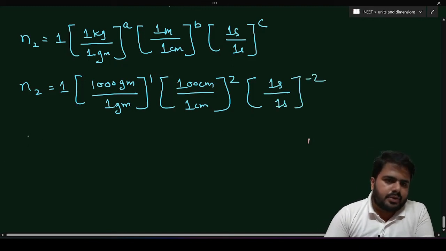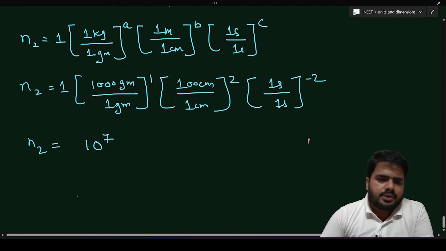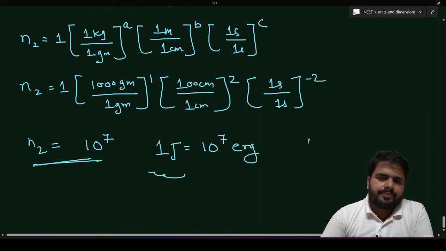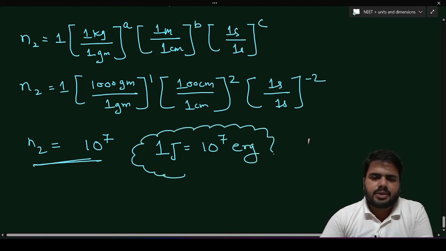So now you have to solve. On solving this, you will find it as 10 to the power 7. So in this way you can find the value of n2. At the end we can write that 1 joule equals 10 to the power 7 erg. Okay, 1 joule equals 10 to the power 7 erg.